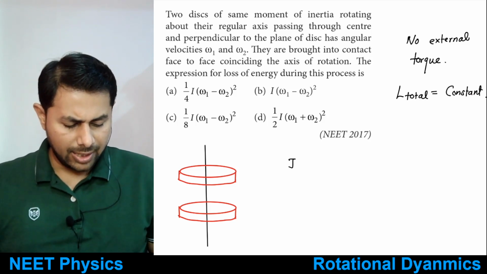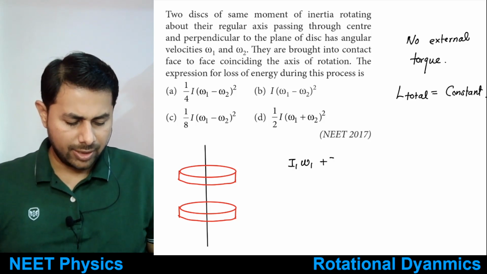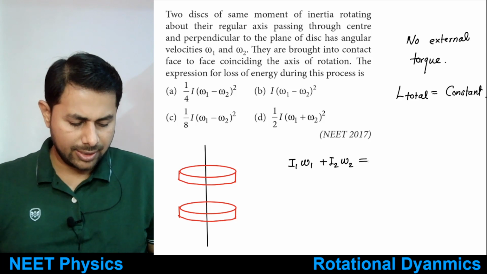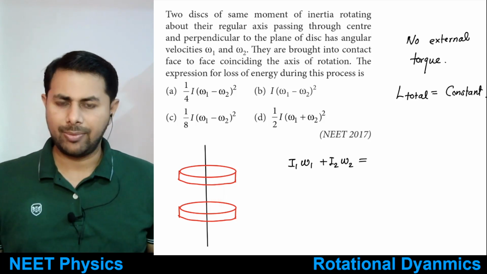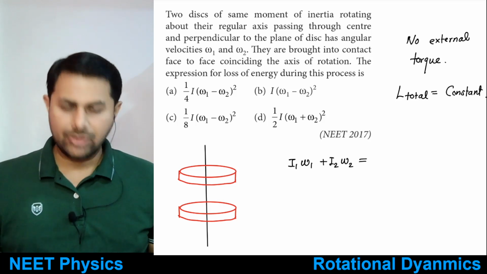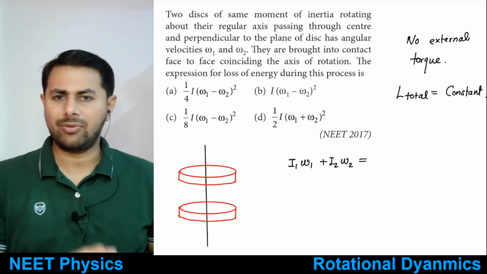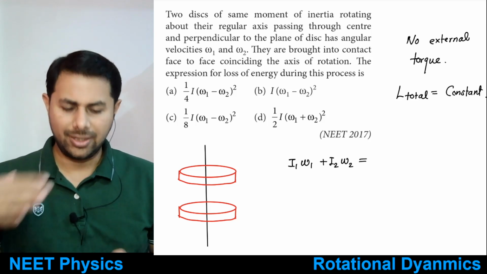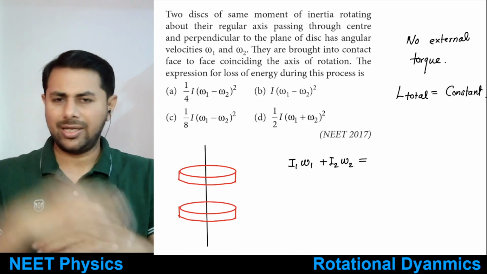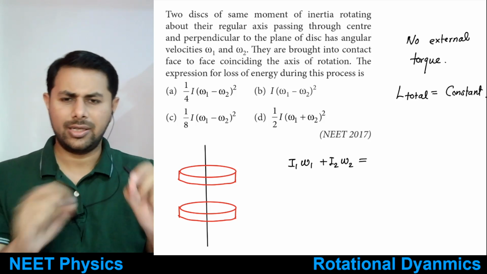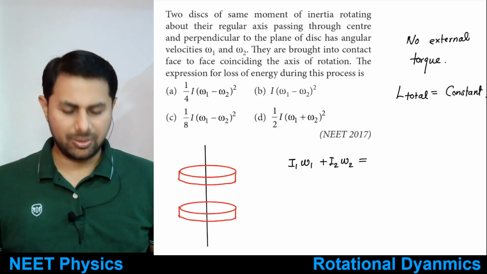So I1 omega 1 plus I2 omega 2 is equal to, now when they are kept in contact with each other, what will happen? Eventually their angular velocities will become equal, right? After some time, their angular velocities will become equal.